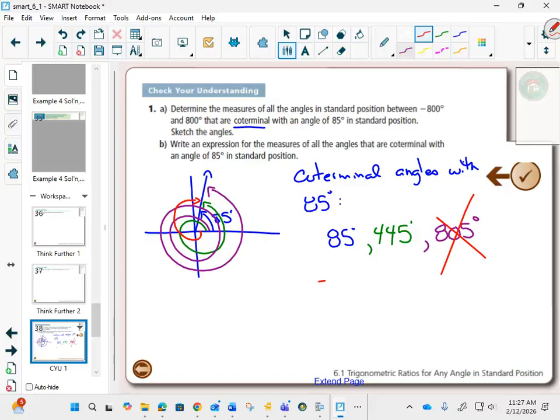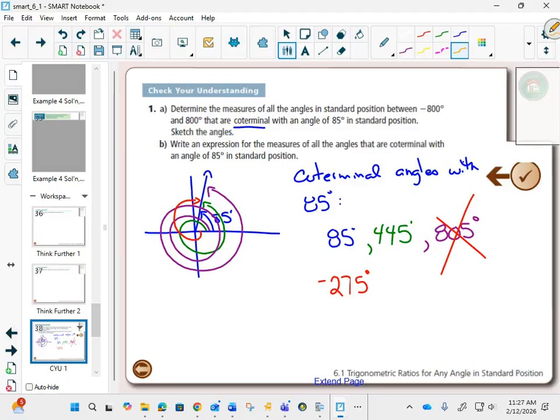What is that going to be? Negative 275 degrees. Sometimes I do it the other way: I do 360 minus 85, get the answer, and then just add a negative in front of it, because it makes my mental math a little bit easier.